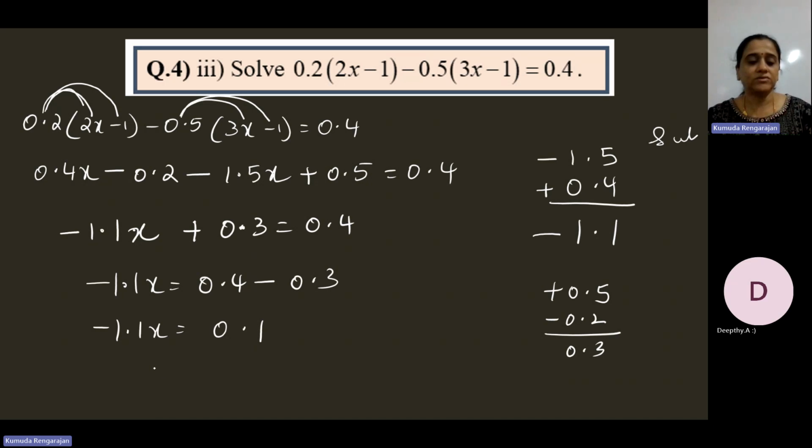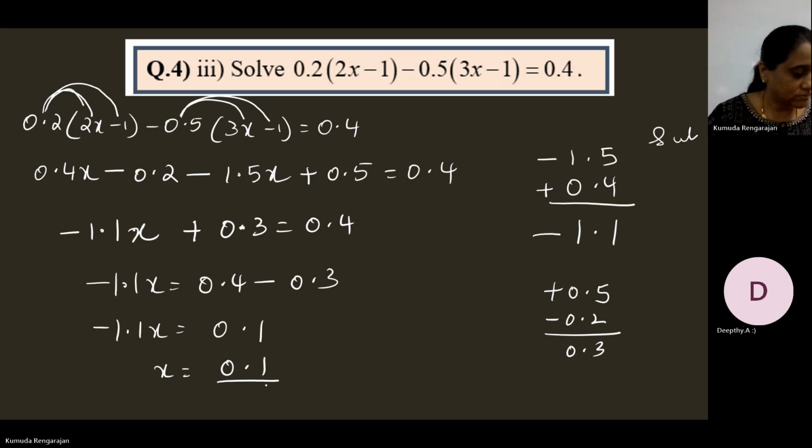So x is equal to 0.1 divided by... we're getting 1 by 11. No? Have I gone wrong?